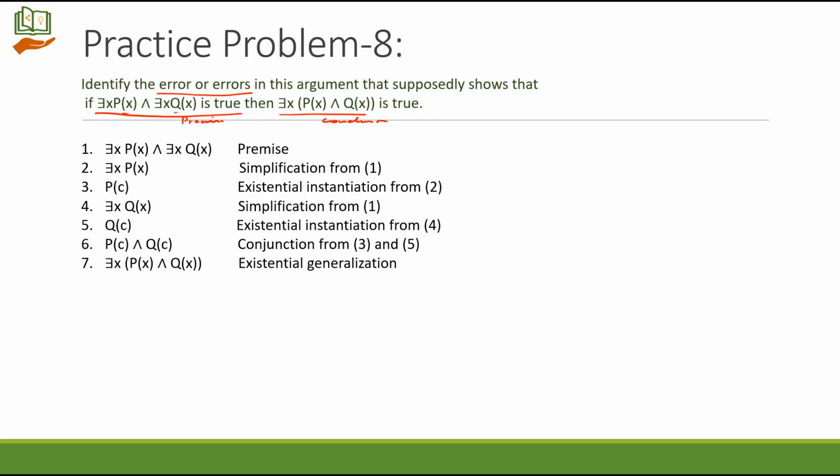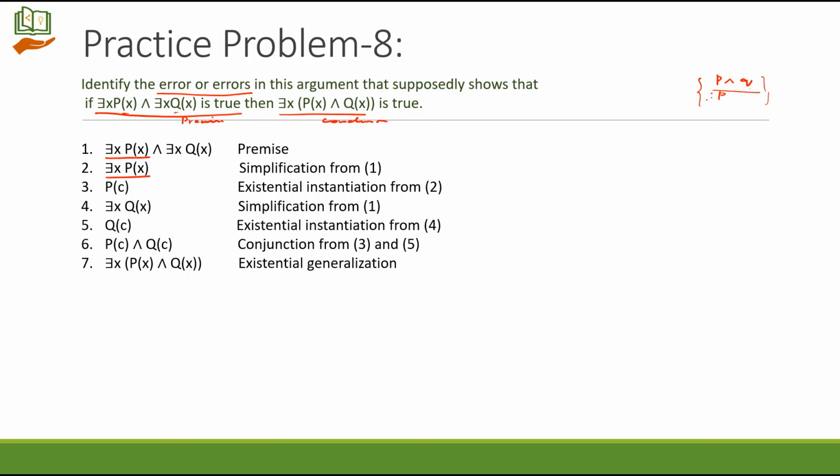So let's start with the premise. Existential quantification of P of x and existential quantification of Q of x. This is actually in the form of P and Q. This particular form is what we call simplification. So we are deriving only the P part from P and Q using the simplification rule.